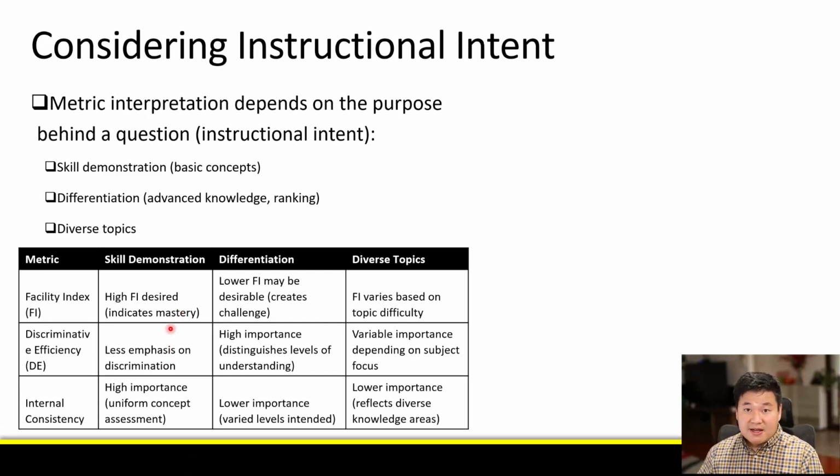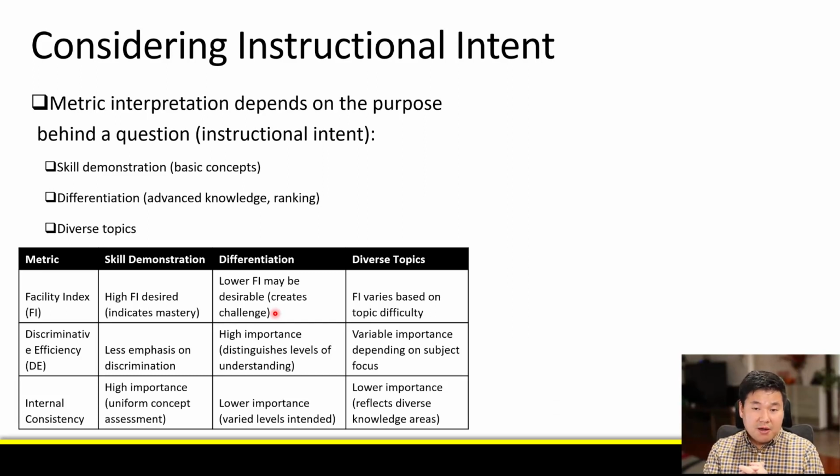For assessing basic understanding, a higher facility index is desirable, indicating a majority of students comprehend the materials. However, for differentiation, a balance with a lower facility index and a higher discriminative efficiency may be more effective, ensuring the questions challenge students in a way that underscores the depth of their understanding.